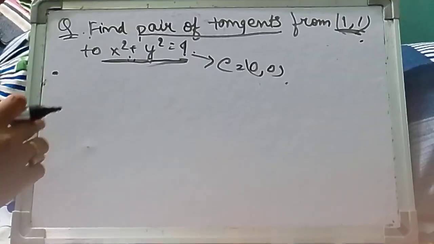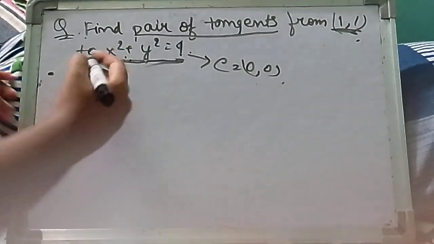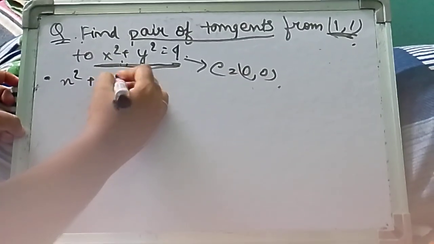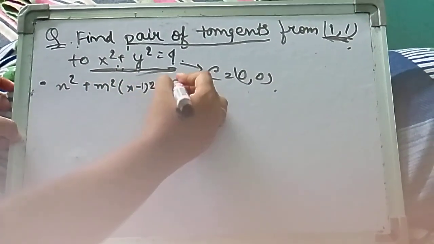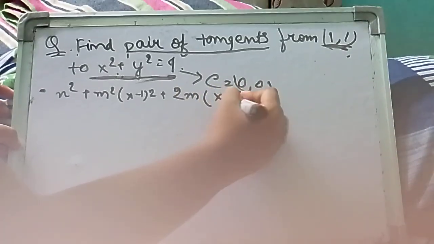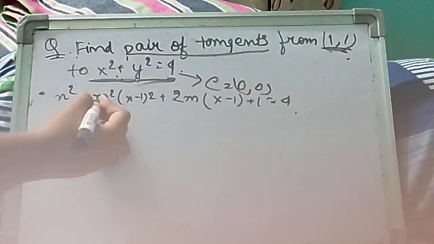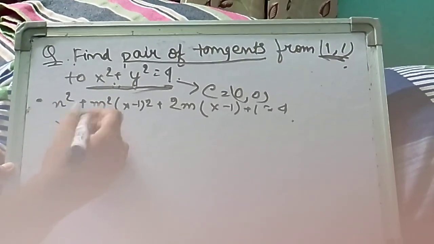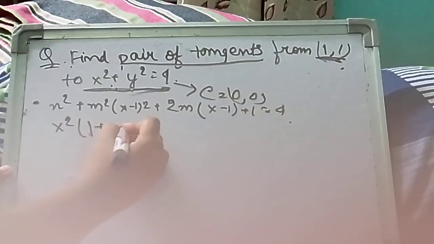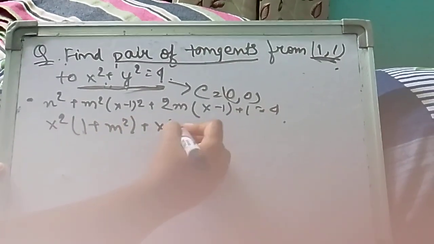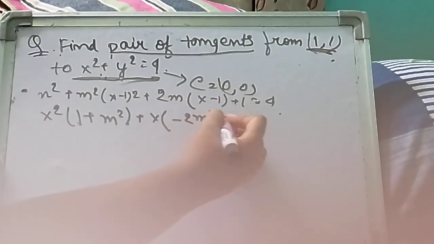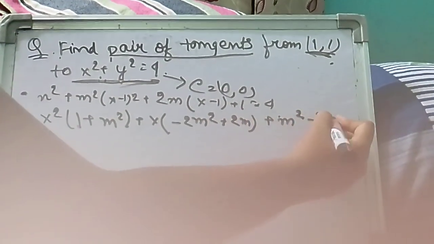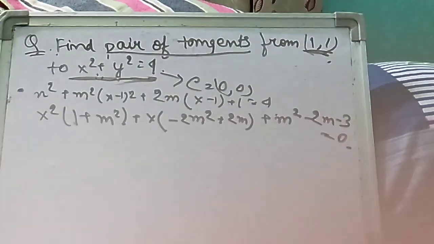Sorry for the disturbance. So let's solve the equation further. The equation was x square plus m square (x minus 1) square plus 2m(x minus 1) plus 1 equals 4. After solving this, it becomes (1 plus m square) x square plus (2m minus 2m square) x plus (m square minus 2m minus 3) equals 0.